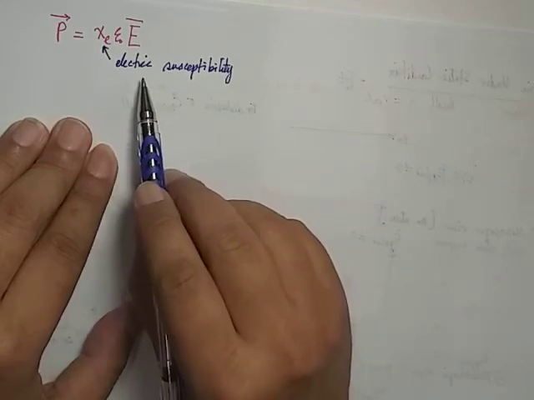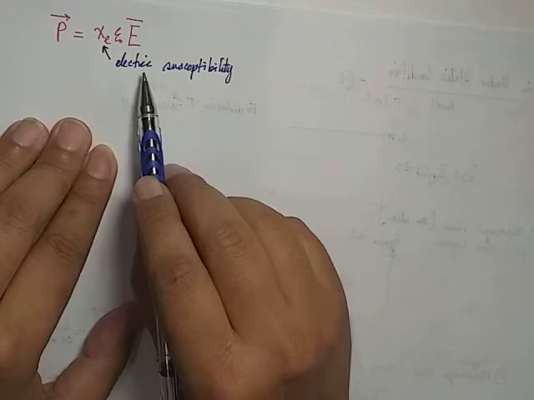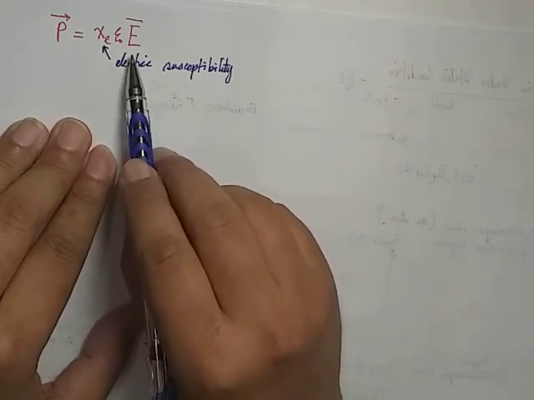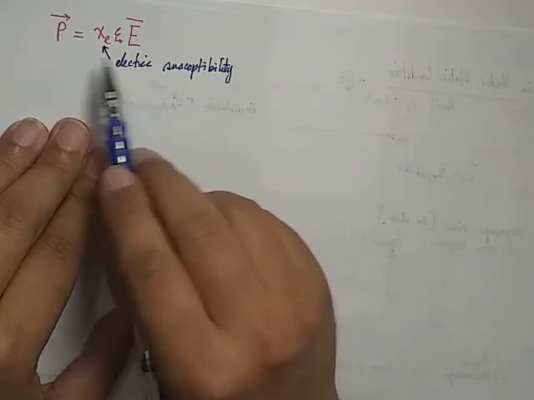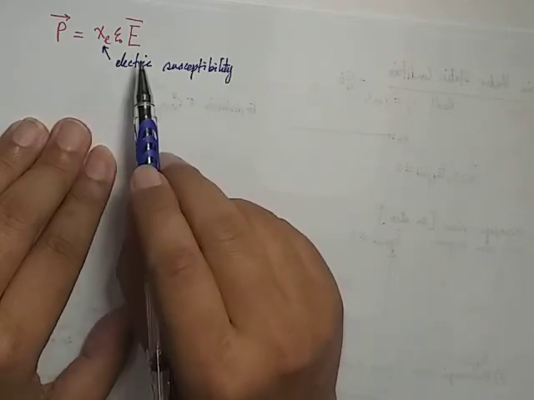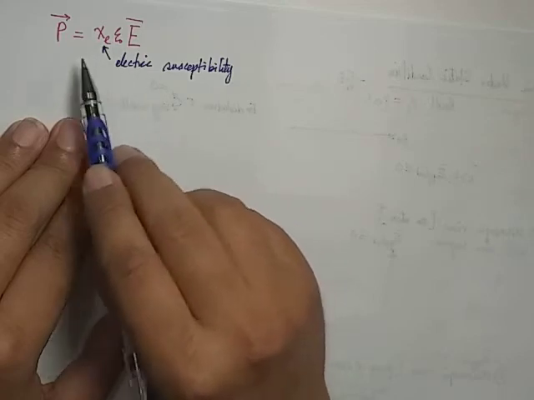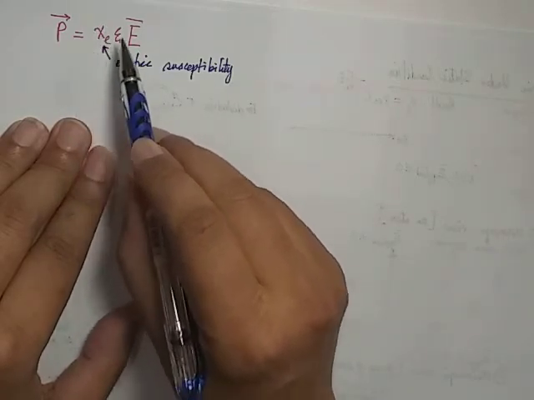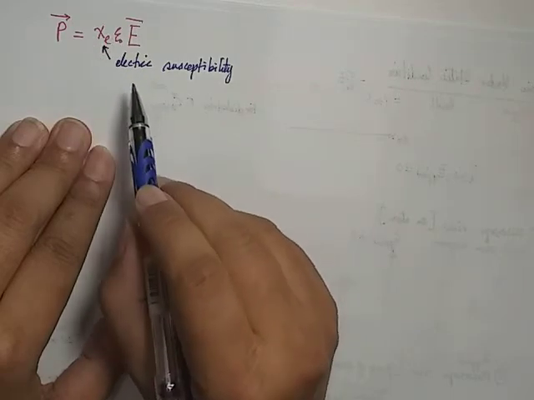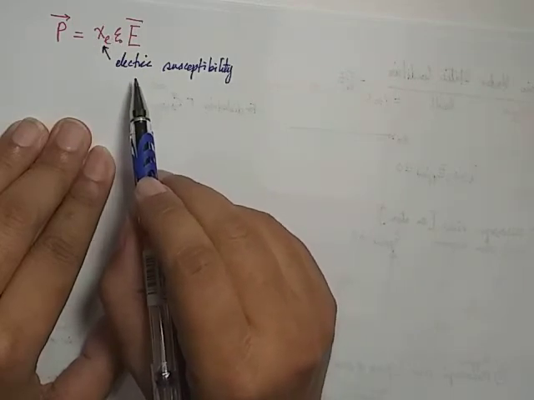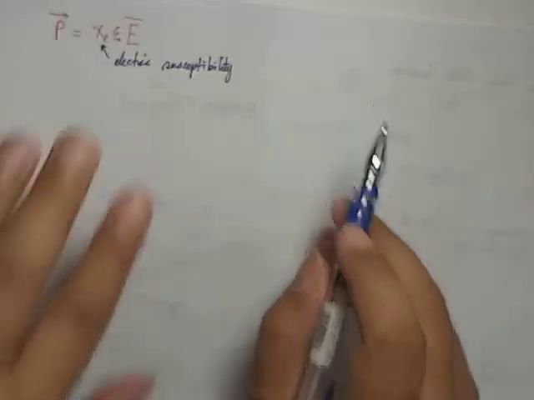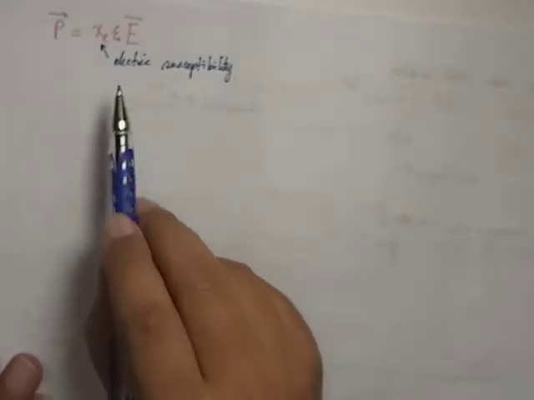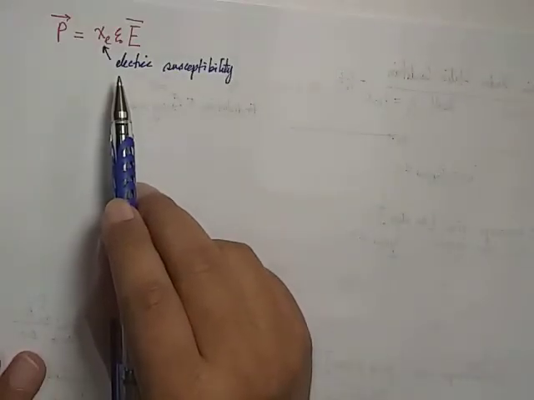It's a measure of how easily the material responds to the electric field, meaning that some materials have difficulty for E and P to coexist, but in some dielectric materials it is much easier. So this is a measure of how that material responds to the electric field. We call it electric susceptibility. Okay, so that should be the equation that we end with regarding the macroscopic point of view.